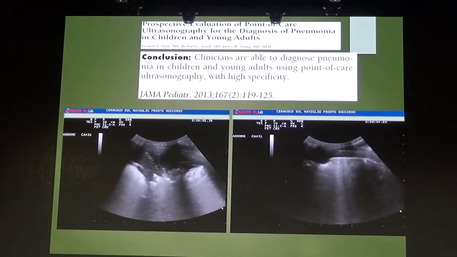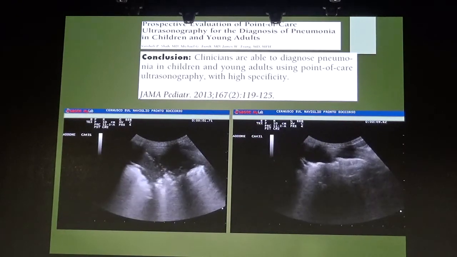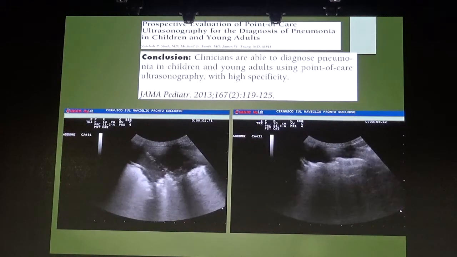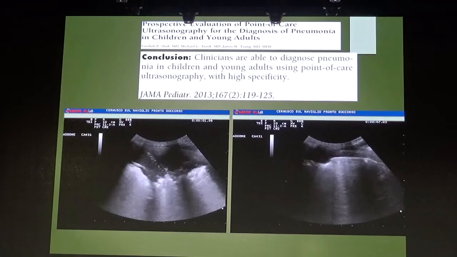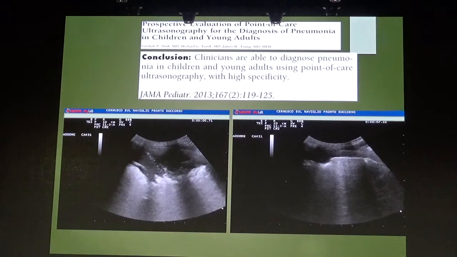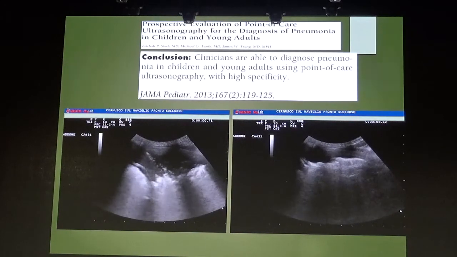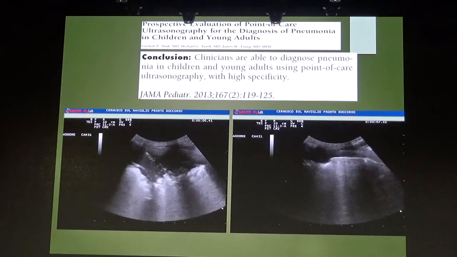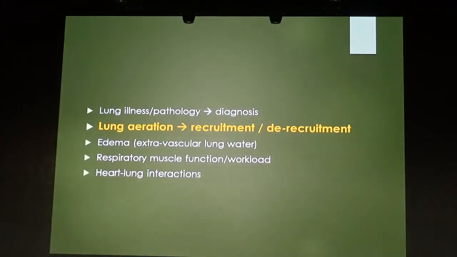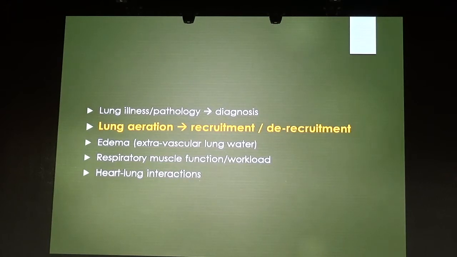You can see on the left the image of pneumonia, and on the right, because we can, of course, use ultrasound as a tool to follow up the illness, after 48 hours of antibiotic therapy, you can see the consolidation is largely reduced, and even the small pleural effusion almost disappears.